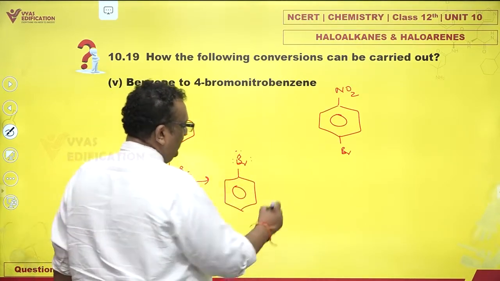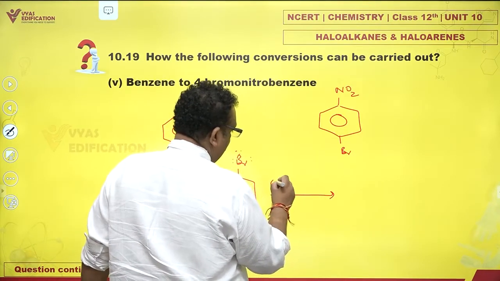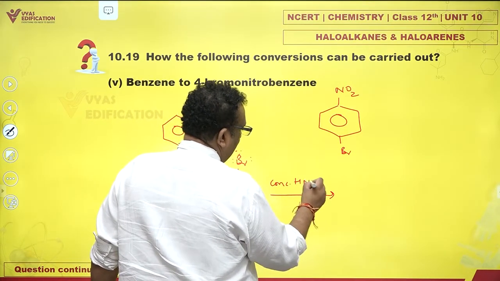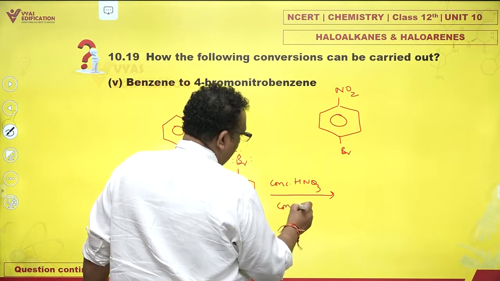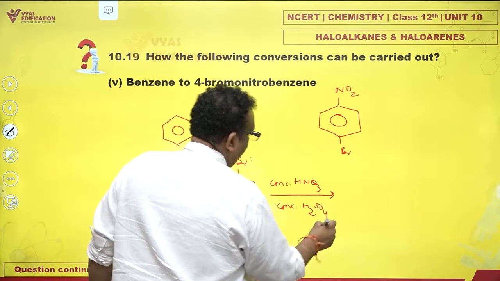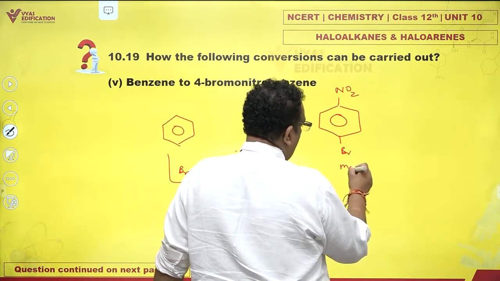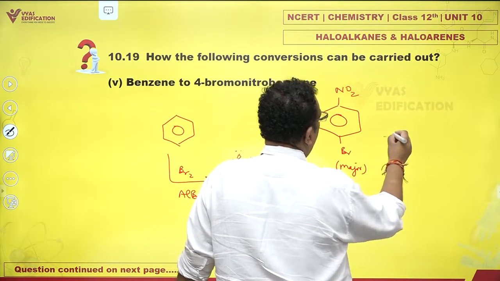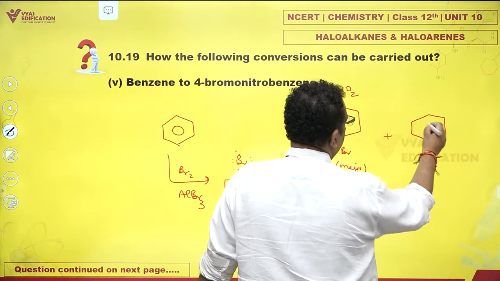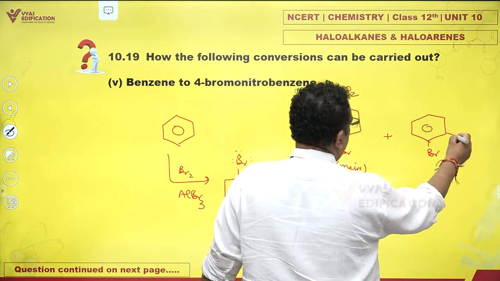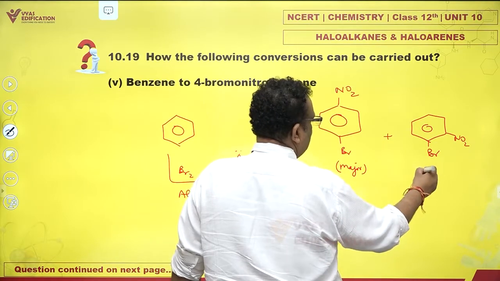So what do I do? Then I carry out nitration. I get para, yes, this is the major product. I will also get some ortho product also. I'm not saying I won't get it. This is minor.